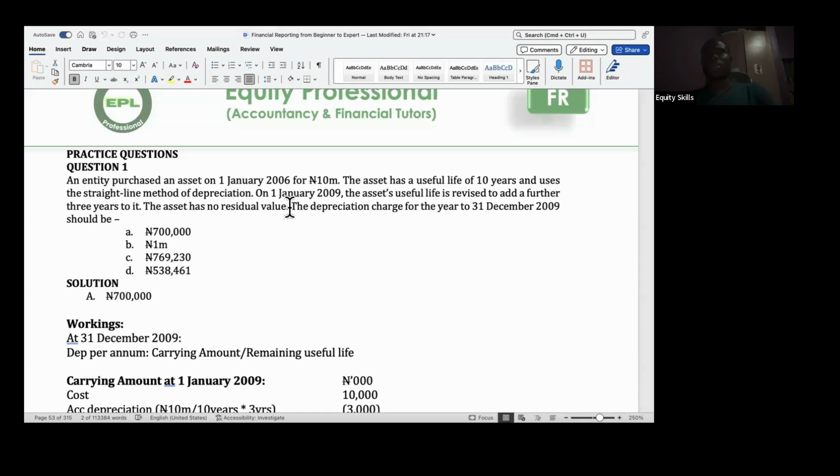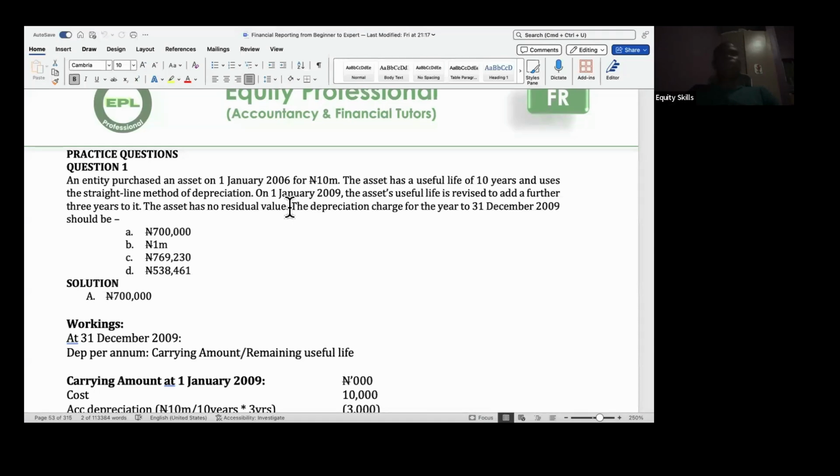To do that, the first thing is to remove the asset account from your books. And I've told you severally, all through your learnings on IAS 16, that the asset account is always at cost if the company is using a cost model, and it can be at fair value if the company is using a revaluation model.